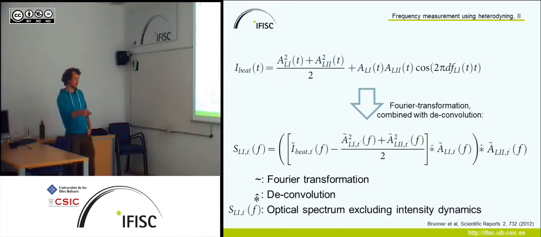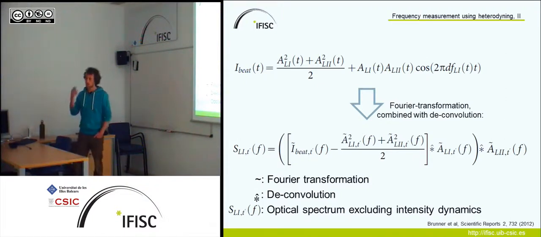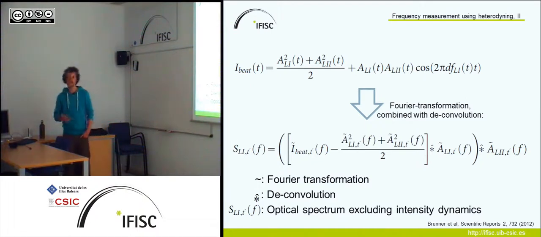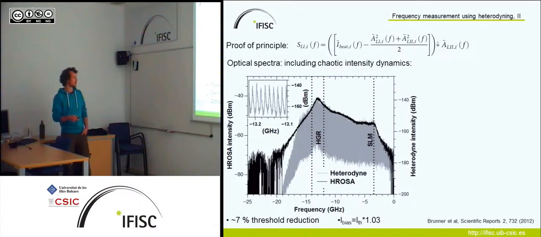And then to get rid of these two terms here, we just need to make a deconvolution in Fourier space. And then we just have the impact of the spectral dynamics of the laser. So with a rather simple experimental setup, just a narrow line width reference laser, and very simple math, we can straight away extract the signal we were after.